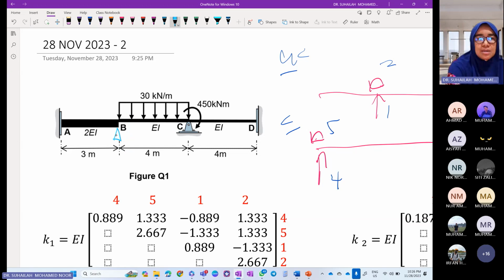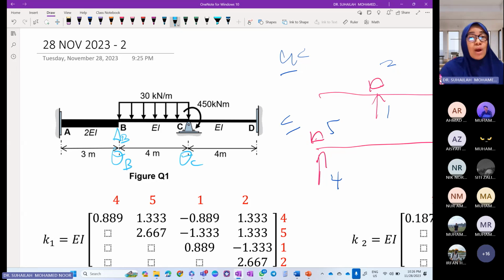So here we will have delta B and theta B. And at C, there is no vertical movement because of the pin support. But it has rotation. So at C, it has theta C. So at B, there are delta B and theta B.